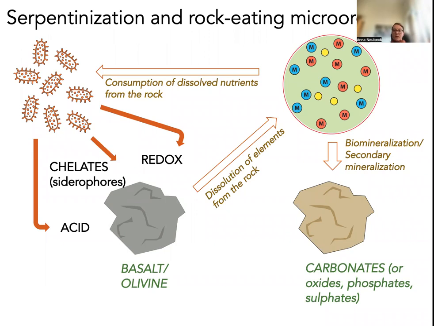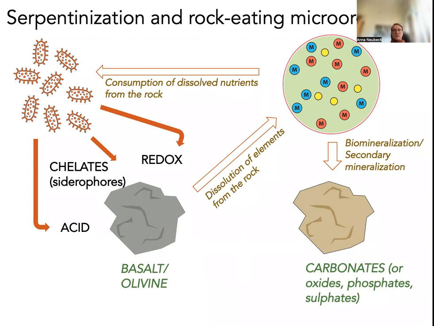If they extract nutrients from the rock directly, they can alter the rock in three major ways. Either they extract acids to dissolve the rock, or they extract chelates like siderophores, or they alter the redox chemistry of the rock. So they dissolve the rock by reducing or oxidizing the rock surface. In this way, they will gain access to the nutrients.